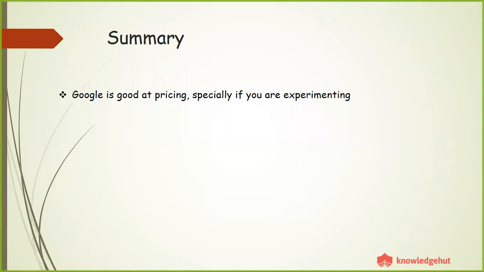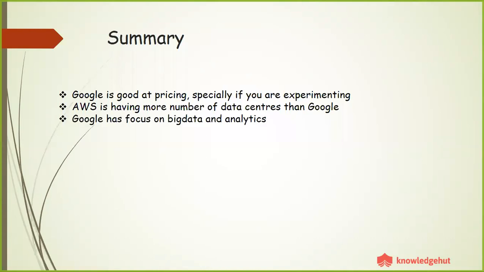So Google is really good for experimenting purposes, and AWS has more data centers than Google. Google is really adding lots of new data centers regularly, but they are still behind AWS in this segment. And Google has a focus on big data and analytics. AWS has a focus on retail customers and traditional web hosting.